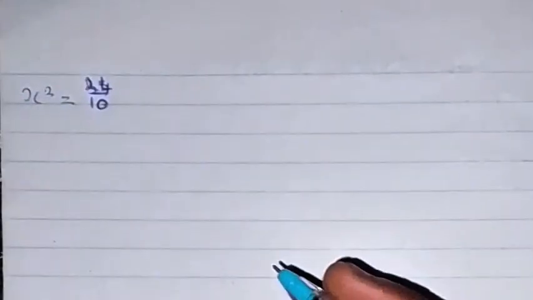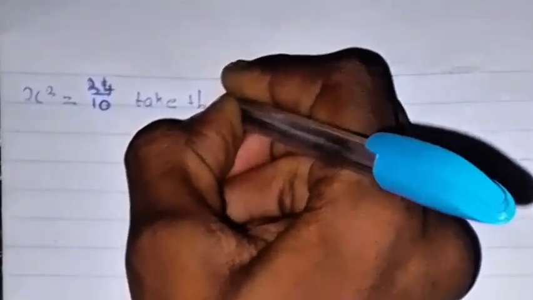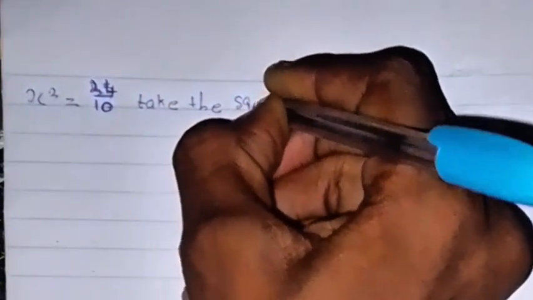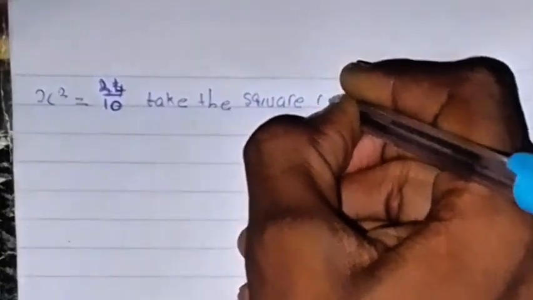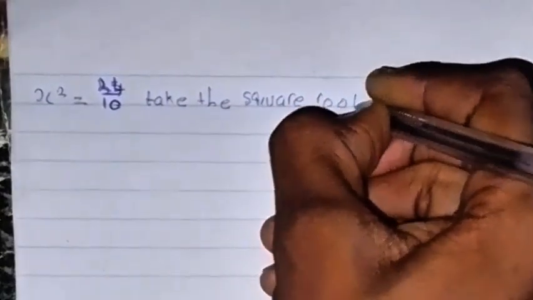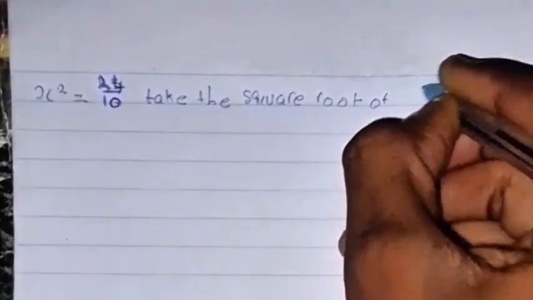In order to obtain x, because that's what we're asked to find, we're going to take the square roots of both sides.